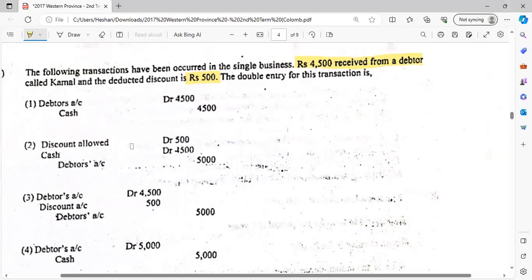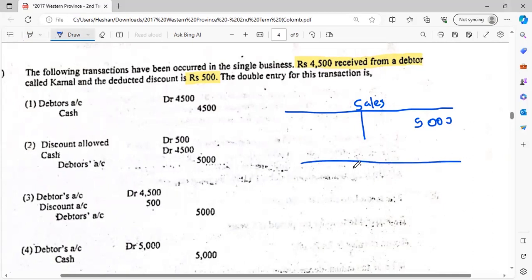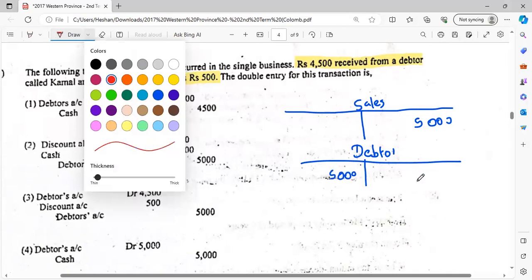When we do credit sales, how do we record it? Sales account credit 5,000, and debtors account should be debit 5,000. Now we allowed 500 to this debtor, so this debtor paid only 4,500.